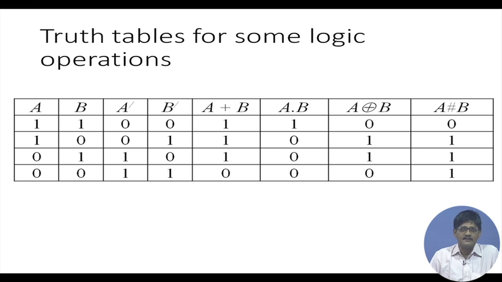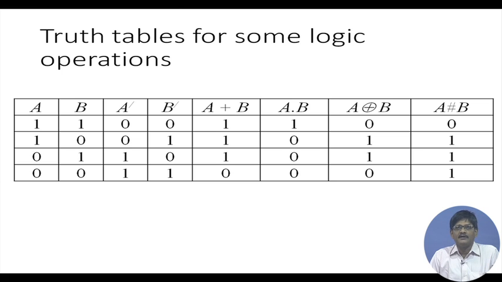If A is 0, then A prime is 1. So, we have a list of possible values of A, possible values of B, giving rise to 4 possible combinations, and for that we have A prime and B prime also written down. So, if A is 1 1 0 0, A prime must be 0 0 1 1, just the opposite.